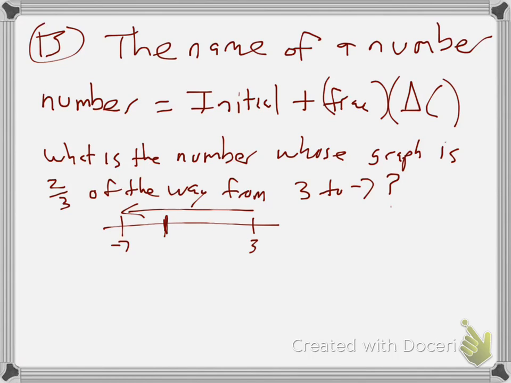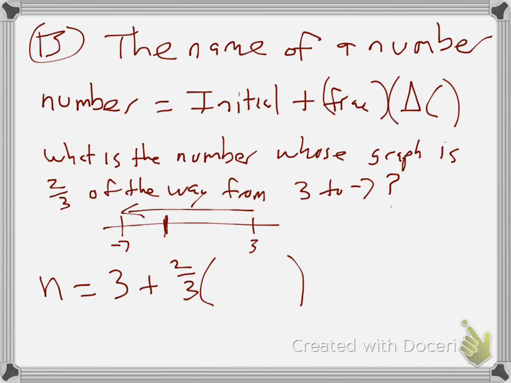I'm going to take my number, which I don't know what it is, so I'm going to leave it as n equals, what's my initial number? 3. Plus the fraction is 2/3. And this is where I do my difference, or my change. And the change is always final minus initial.